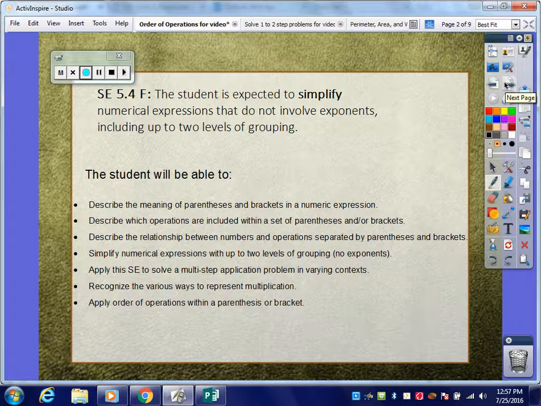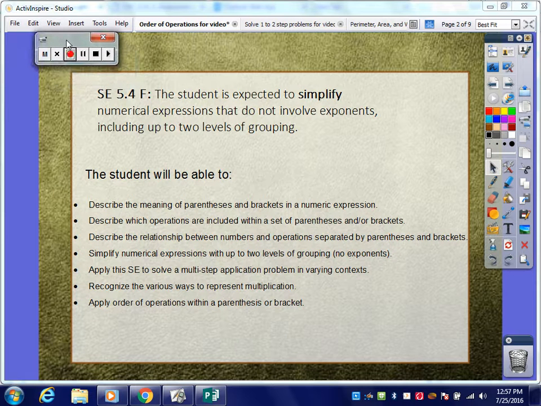So our SE is 5.4F. The student is expected to simplify numerical expressions that do not involve exponents, including up to 2 levels of grouping.